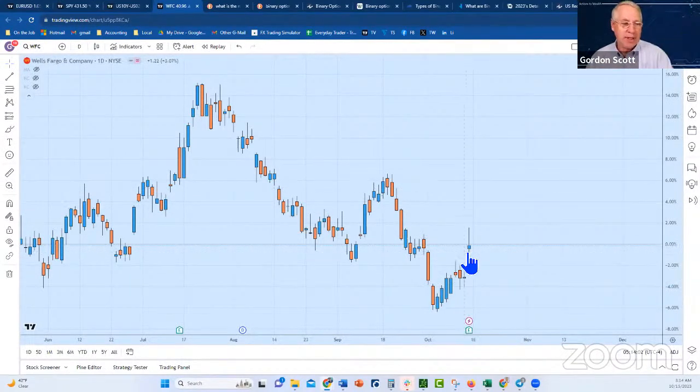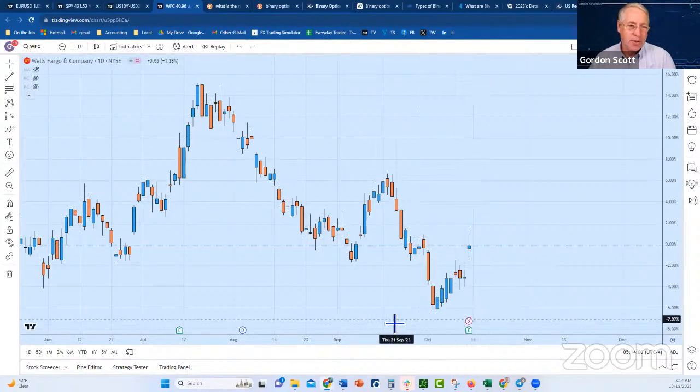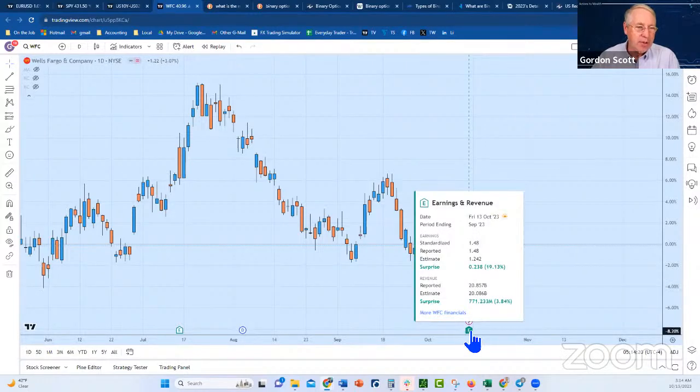They moved way up and came back down, but they beat their earnings. So it's quite possible that going forward, the earnings will be positive, and that will make people feel good about it.